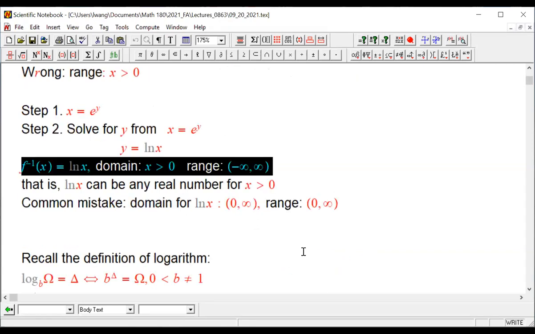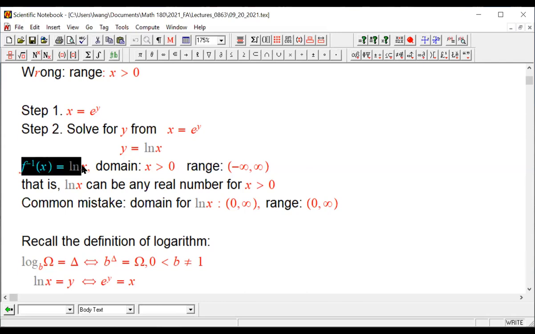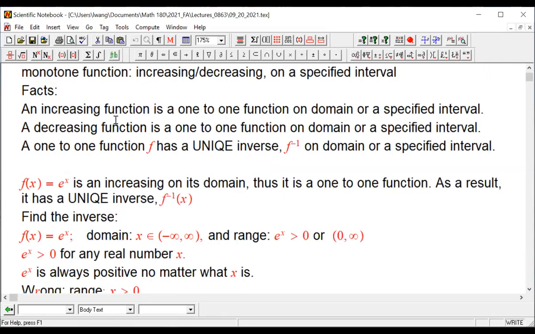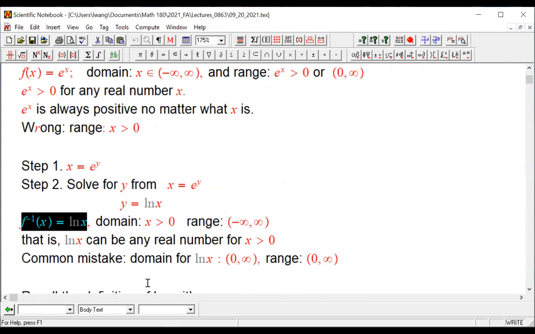You guys follow me? Okay, so let's do it. We graph ln x as the inverse function. So now let's graph it.